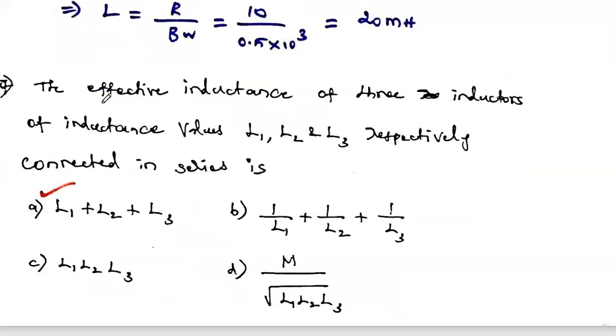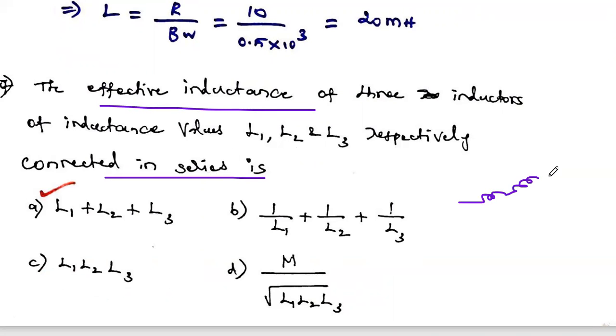Then the next question: the effective inductance of 3 inductors of inductance value L1, L2, L3 respectively connected in series is dash. Here, L1, L2, L3 connected in series, what is the effective inductance?